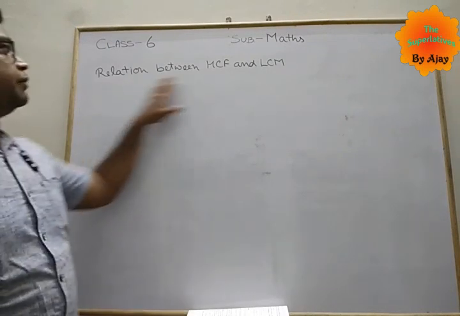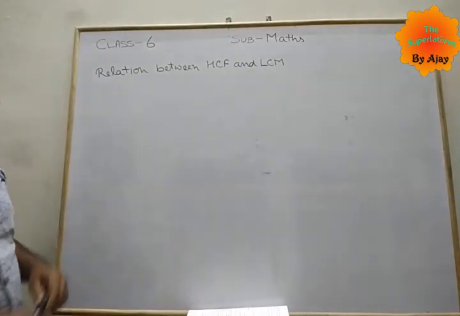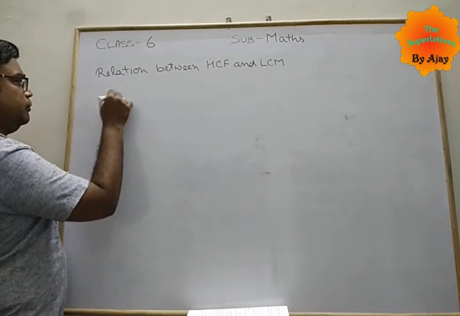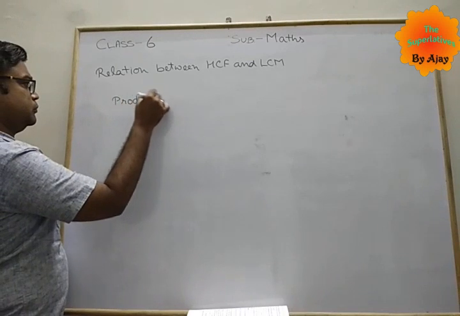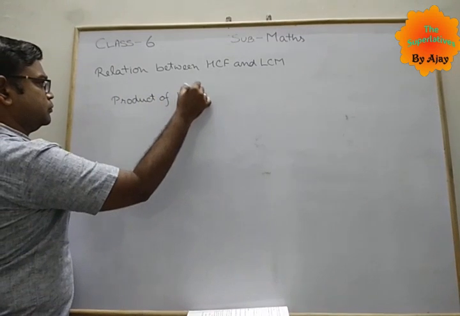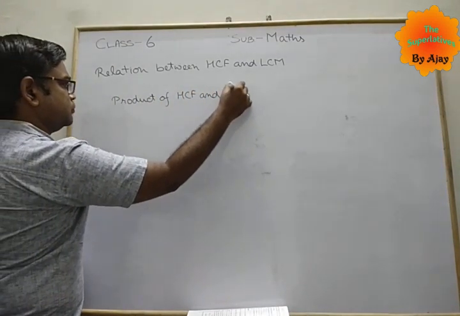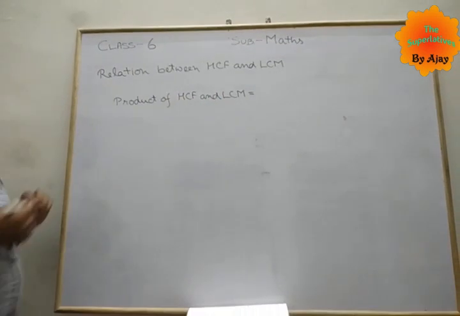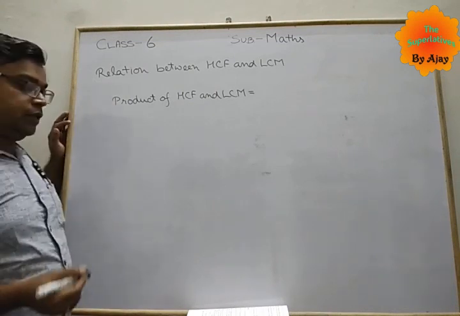When we observe the product of both, HCF and LCM, you must know about product. Product means multiply. The product of HCF and LCM of any two natural numbers is always equal to the product of the numbers.